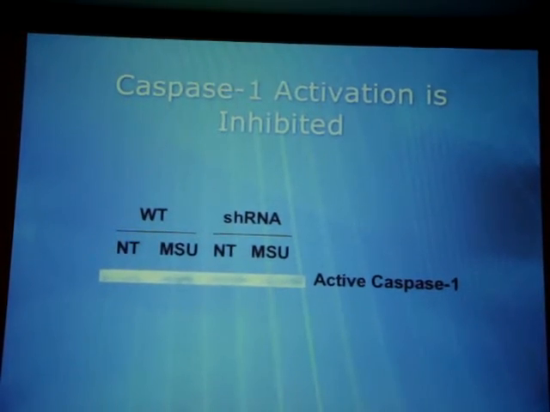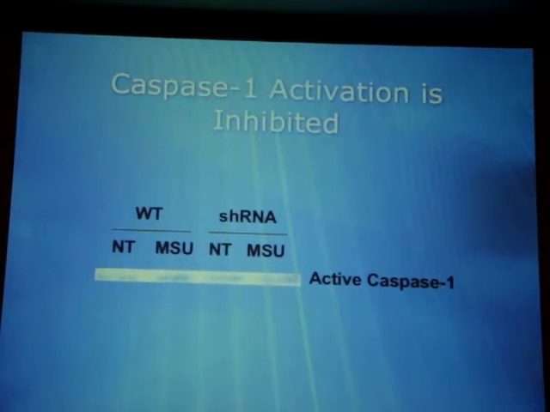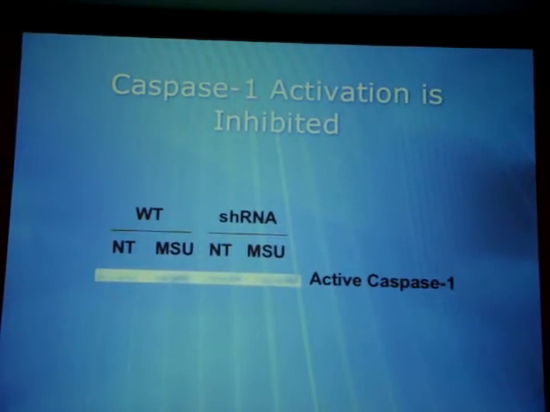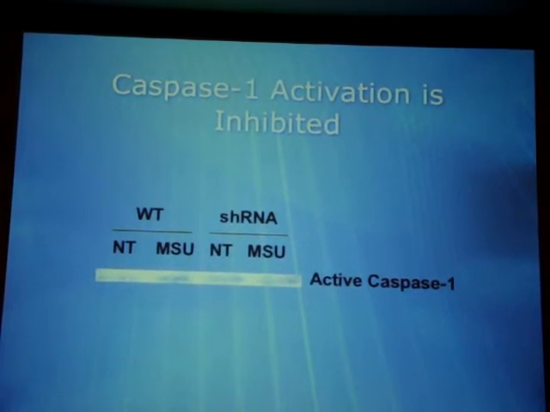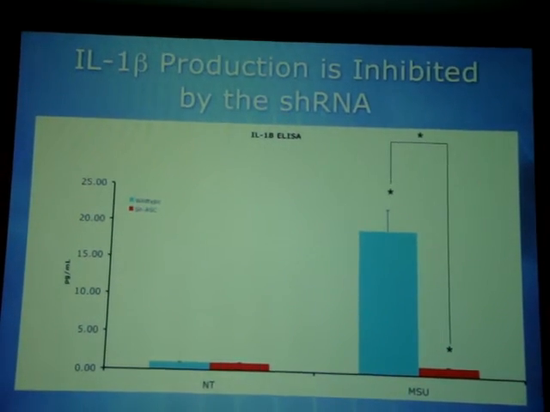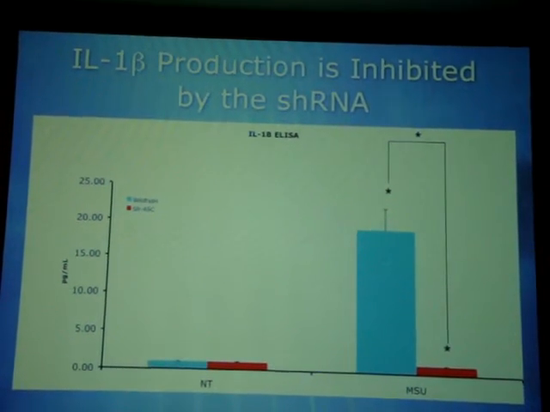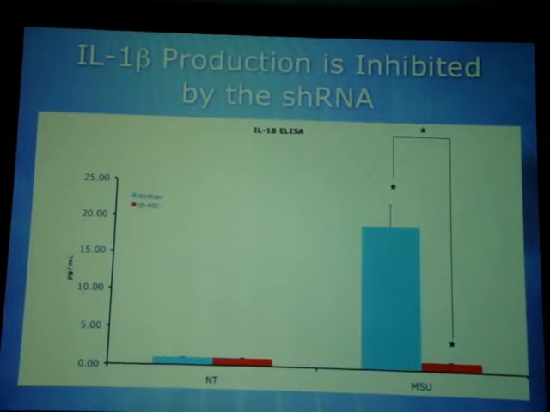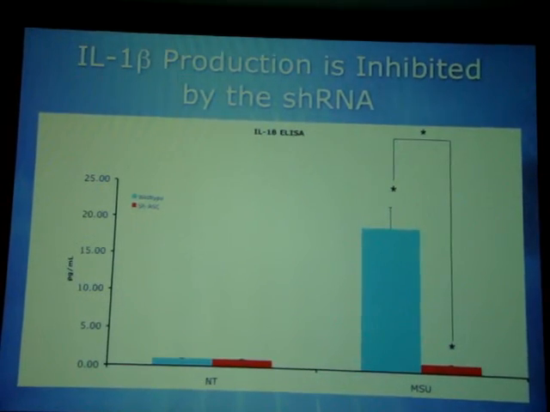Then I went on to show that the inflammasome is indeed not functioning when tested for IL-1 beta, and you can see with the wild type cells, there is clearly a significant increase in IL-1 beta when MSU is added.